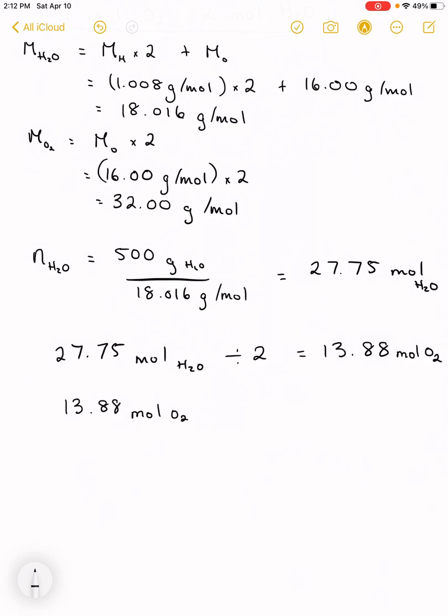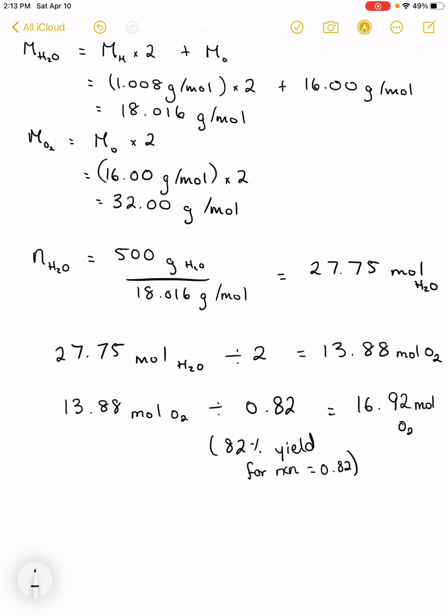So if we divide this by 0.82, 0.82 is the decimal from the percentage, so 82% yield for a reaction, like 0.82. That means we need 16.92 moles of O2 reacting.